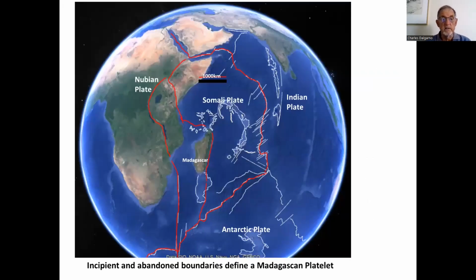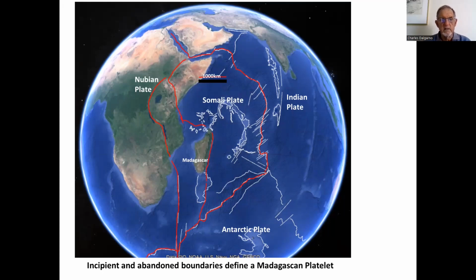Looking again at a zoom image of the whole of the Somali Plate on this occasion, we can see a separate sort of Madagascar plate, which is now, I think, securely frozen with the Somali Plate, so that we look to the East African Rift as the western border of the Somali Plate, and the spreading ridges between the major African Plate, the Antarctic Plate, and the Indian Plate are the eastern and southeastern boundaries of the Somali Plate.